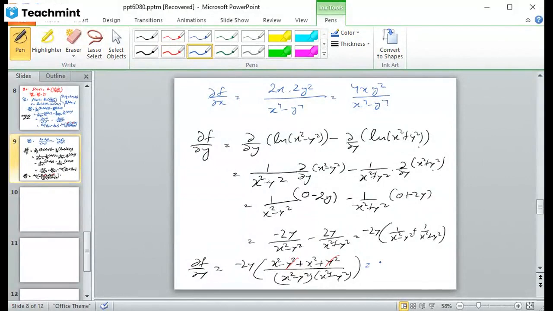So this is minus 2y into 2x² upon x⁴ minus y⁴. And this is basically minus 4 times, since 2 into 2 is 4, 4 times x²y upon x⁴ minus y⁴. This is the value of ∂f/∂y.